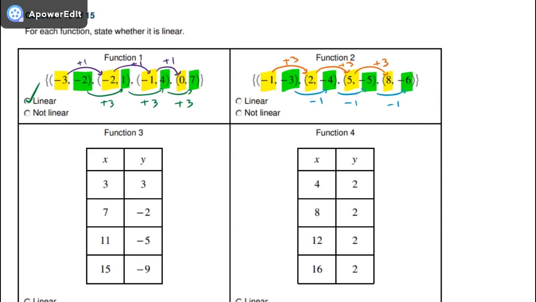So they are consistent, so that is also a linear function. Let me check it one more time. I want to make sure I do everything correctly. Yes, this one adds 3, and yes, looking good.